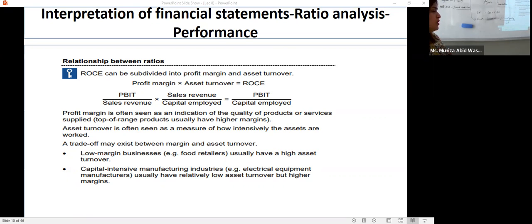So those businesses which have low profit margin will have high asset turnover. Why is it so? Because they will have low capital employed. I asked why those businesses with a low profit margin have a high asset turnover.